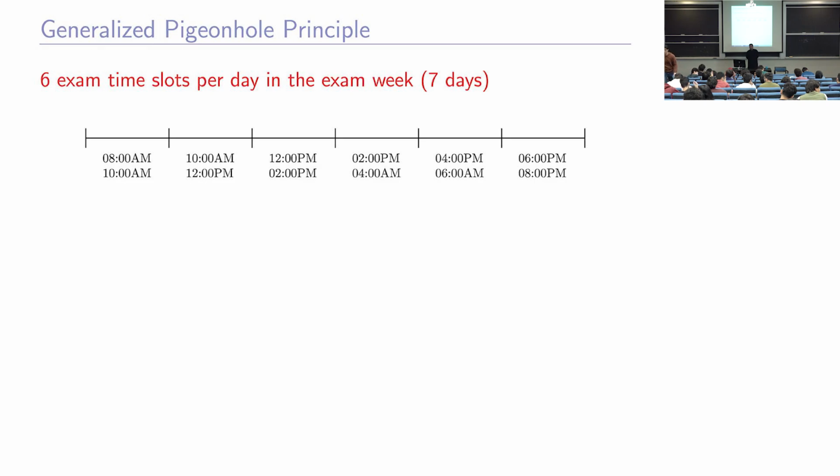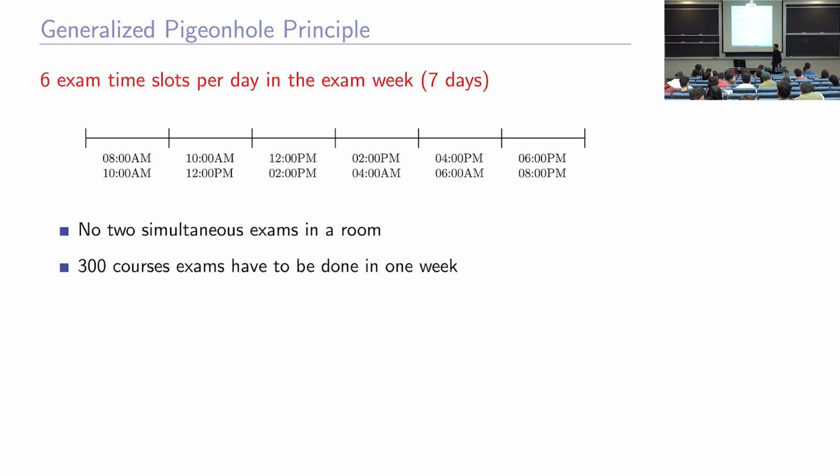Let's see. Things are going to get very interesting. Suppose I have 6 exam time slots per day, and we have 1 week reserved for exams, 7 days. Okay, 7 days and 6 slots every day. An exam could be shorter, but it consumes the whole slot. Is this clear?